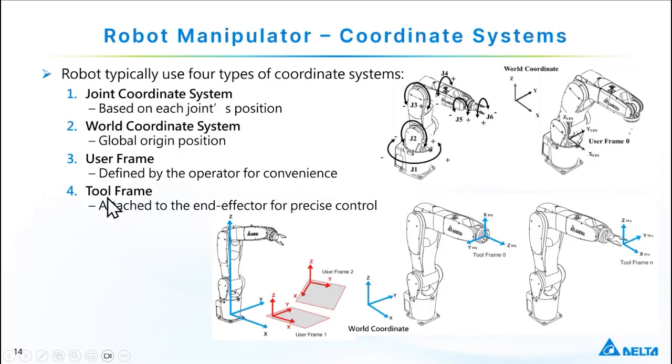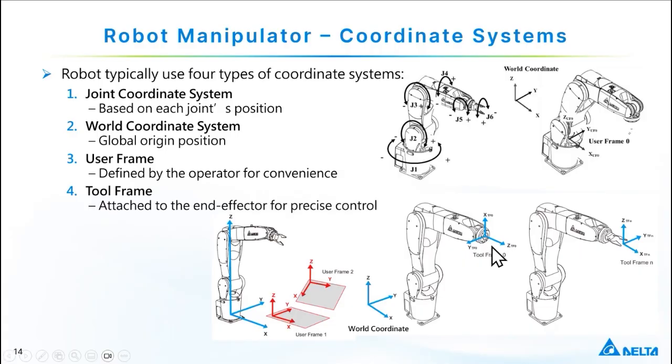And the final one is called tool frame, because we are going to use different kinds of end effectors to do the operation, right? Like when we're screwing, when we're spraying, we have different kinds of guns and tool heads. So we can define different tool heads used by different end effectors.